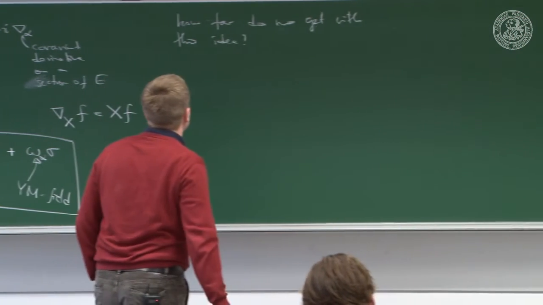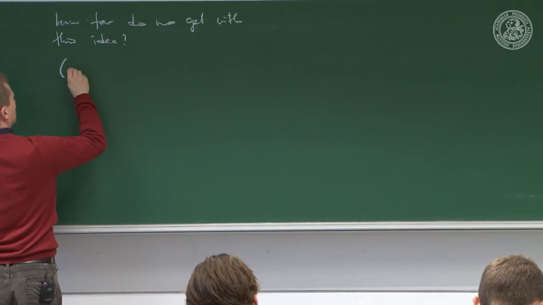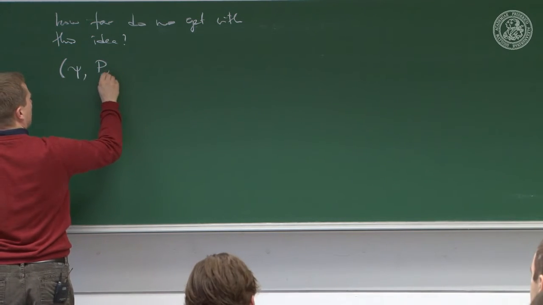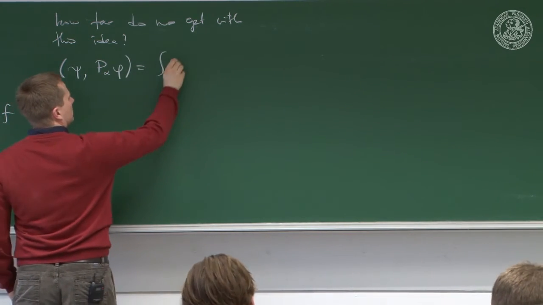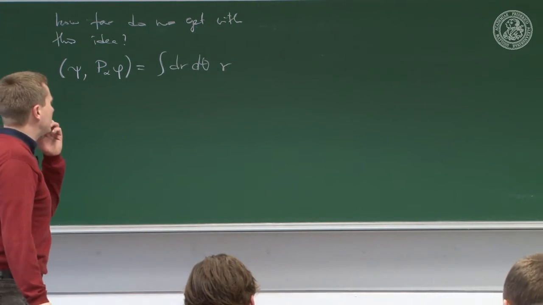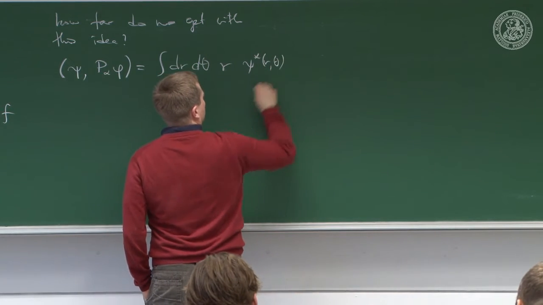Well, let's try. So we take both. We take psi, comma, P alpha acting on phi, equals dr d theta r. That was our volume form. Psi star of r and theta.